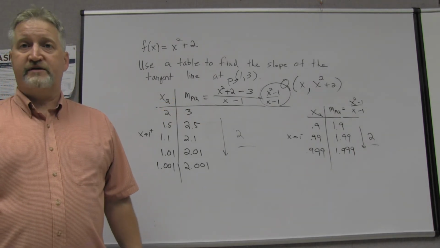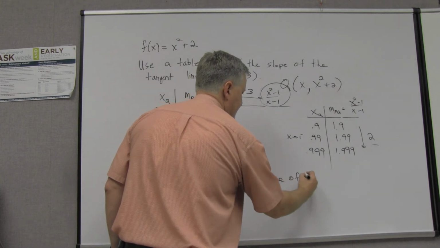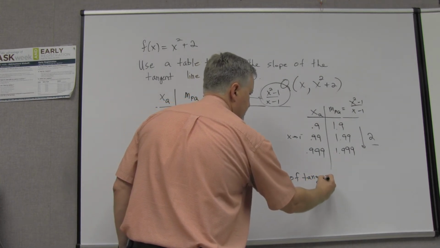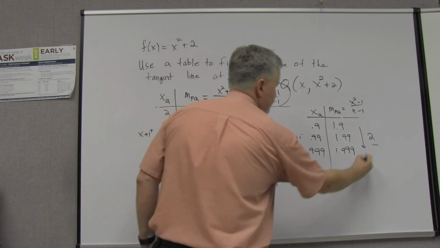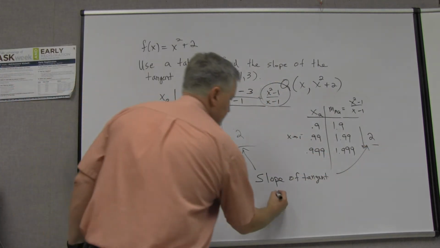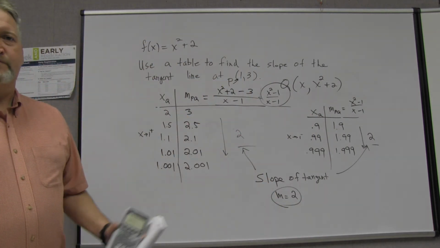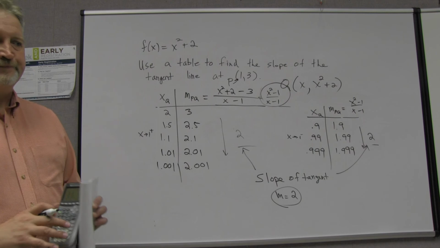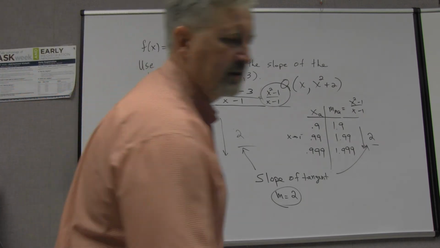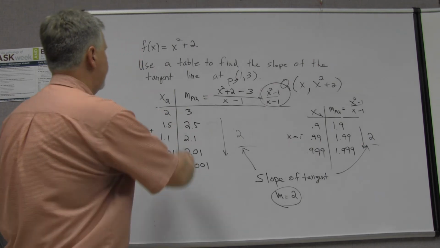And so that's going to be the slope of the tangent line, what these values are going to. The slope of the tangent line is going to be m equals 2. Okay? Make sense? Hopefully.